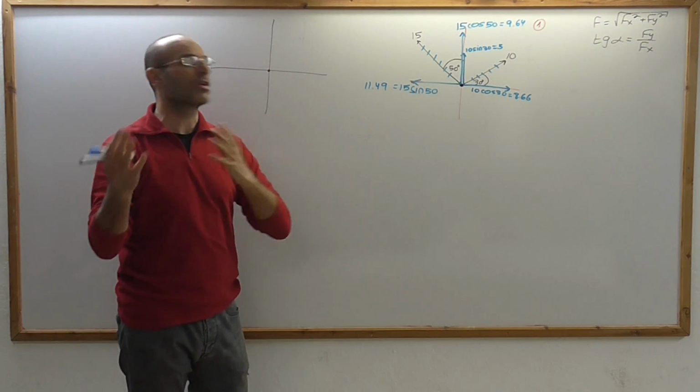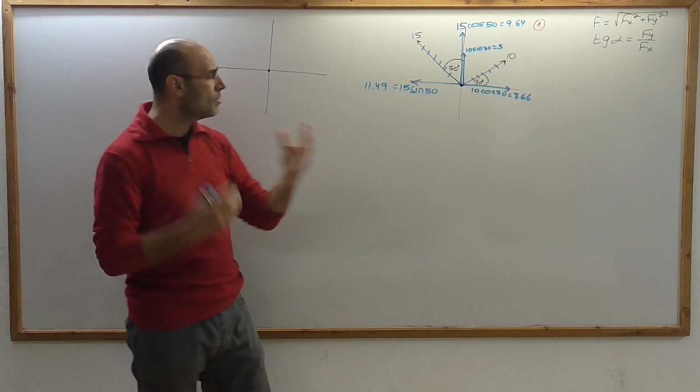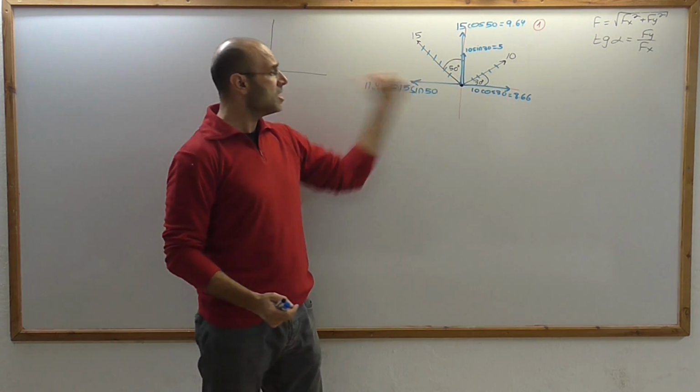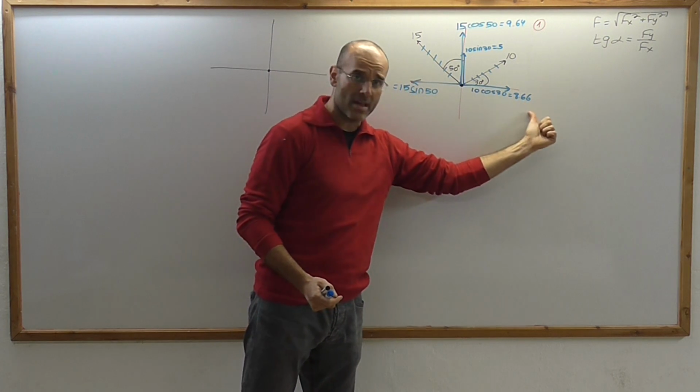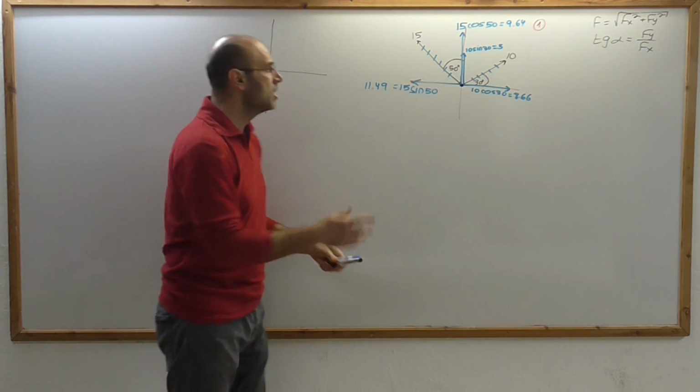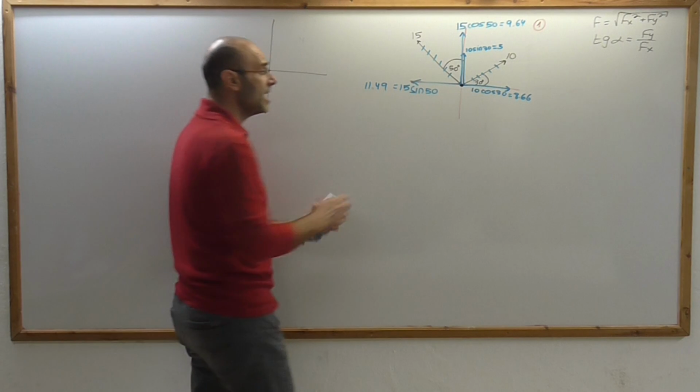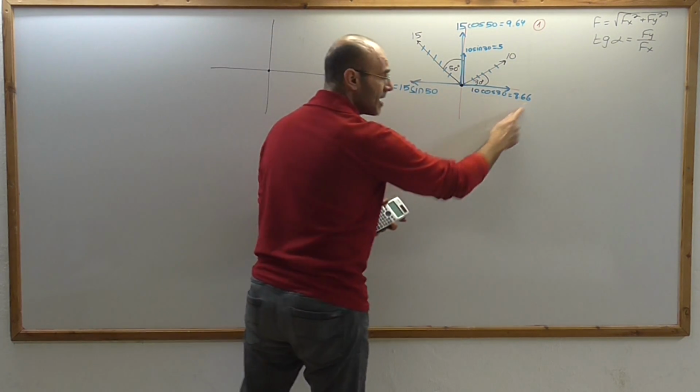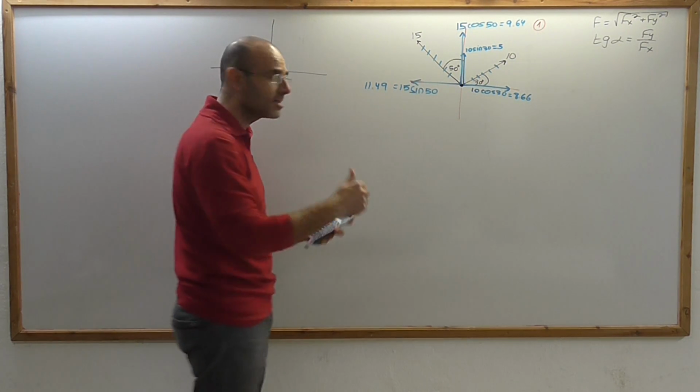Who is going to be stronger? Where the ball is going to go? Naturally it will go this way, because this force is more than that one. By how much? So we go to the calculator and do that minus that. We always take the big minus the small.